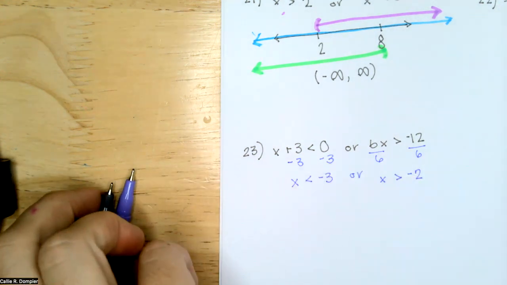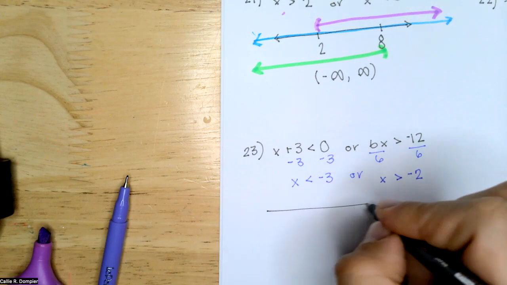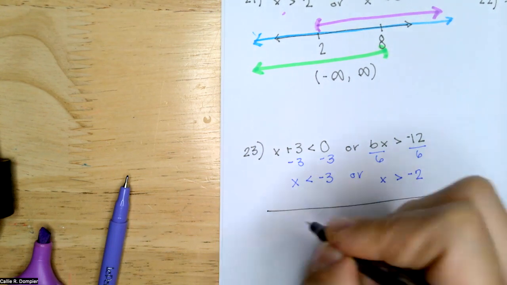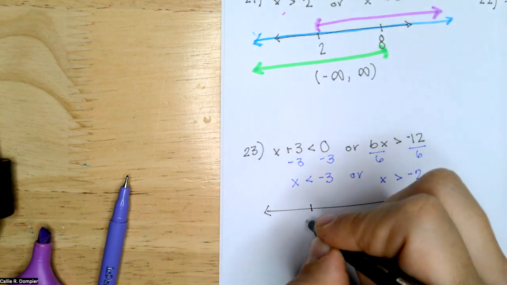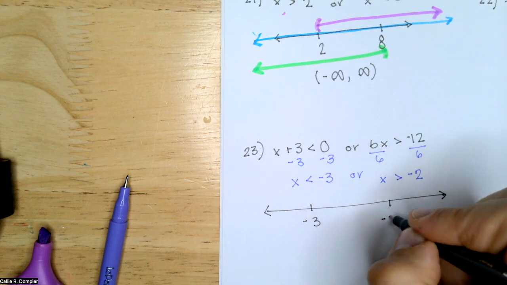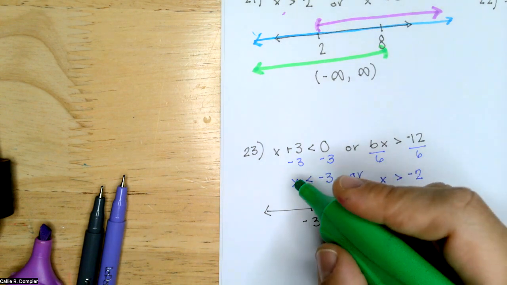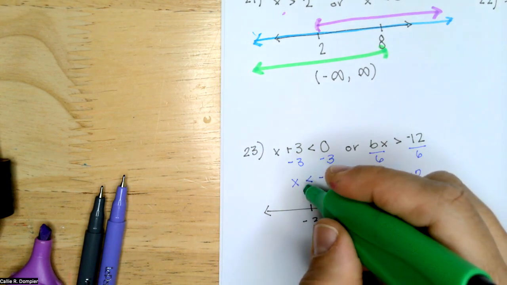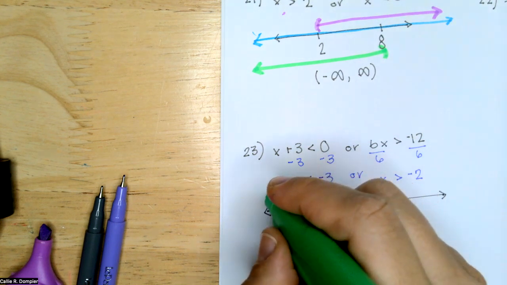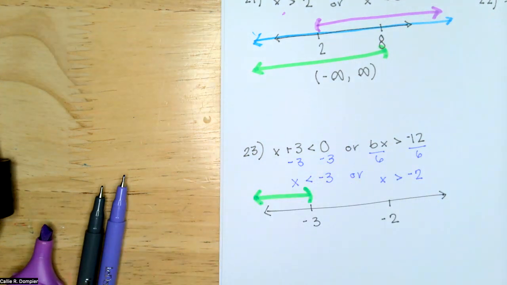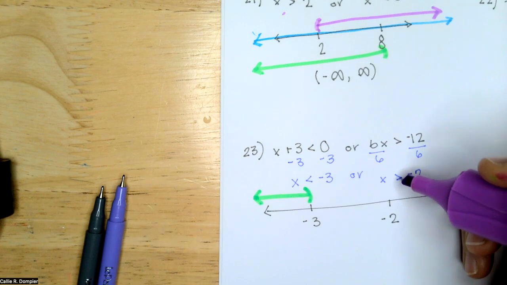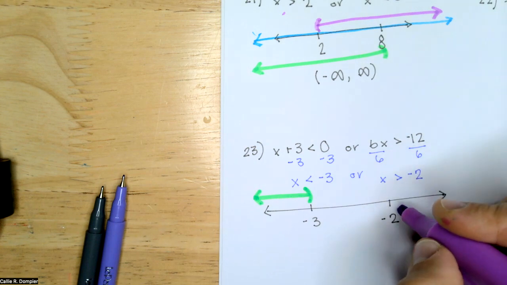Good. Here's negative 3. Here's negative 2. So we have or, one or the other, either one. X is less than negative 3. X is greater than negative 2.